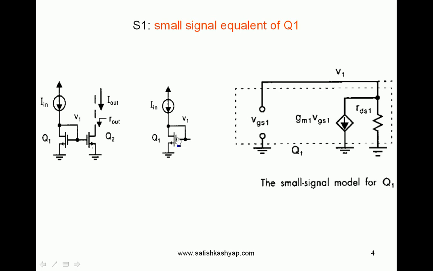And Q1 is nothing but this is VGS. Small signal model of Q1 is nothing but generally any MOSFET it will be consisting of input terminals gets open circuit because of silicon dioxide layer which is present between gate and channel that doesn't allow any current from gate to flow into channel side, so that always gate current is 0.